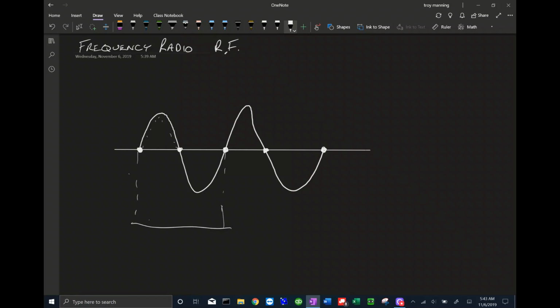This is where there is no amplitude or 0 volts. There's nothing pushing it, right? And then we have our antinodes, which are up here and down here. These are max voltage and min voltage, right? Minimum voltage.